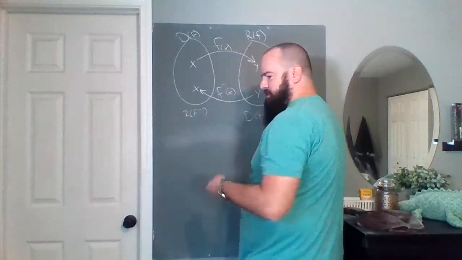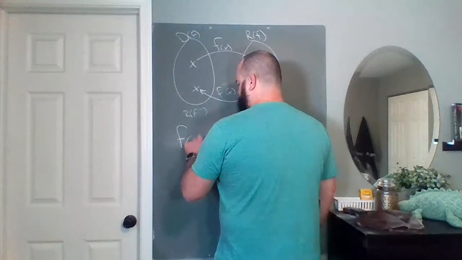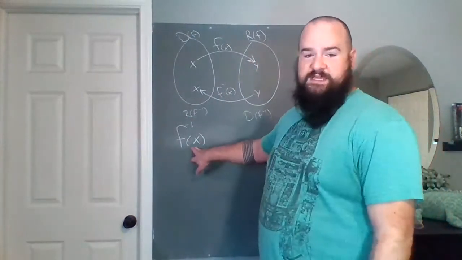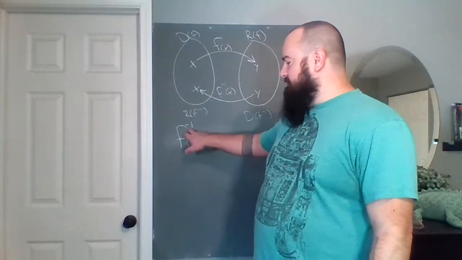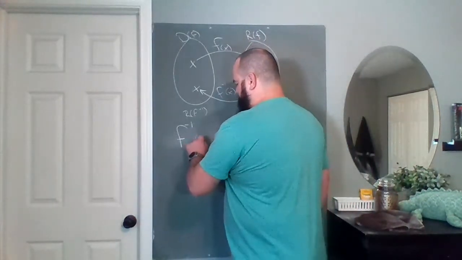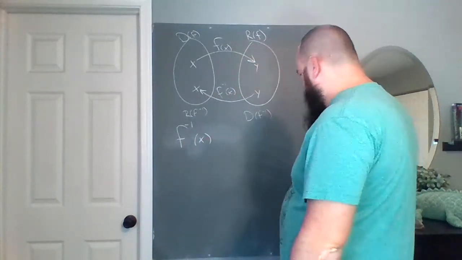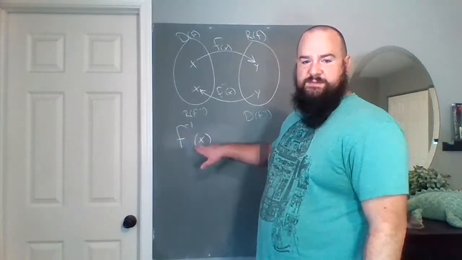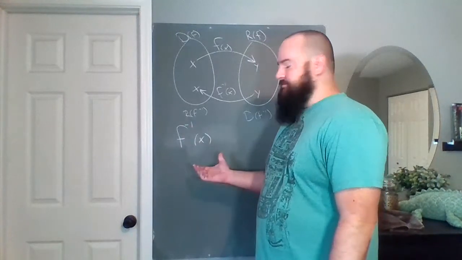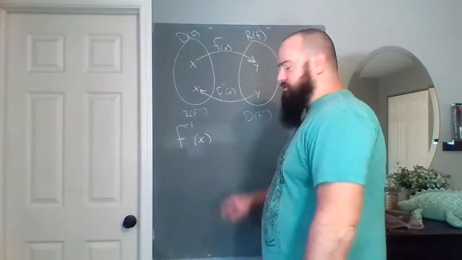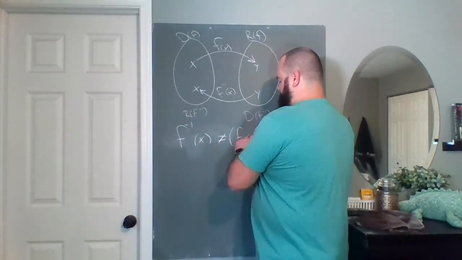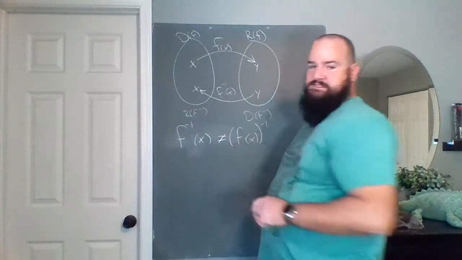Before I get there, let me quickly show you the notation for the inverse function. Notice this -1 is on that variable. So we have f to the negative first power of x, and the way we read this is f inverse of x. It's really crucial that we recognize this is not the same as this.